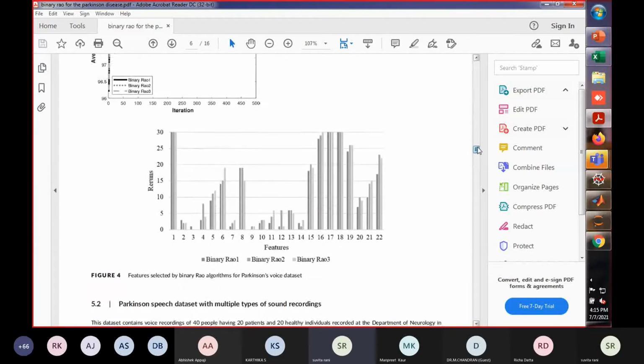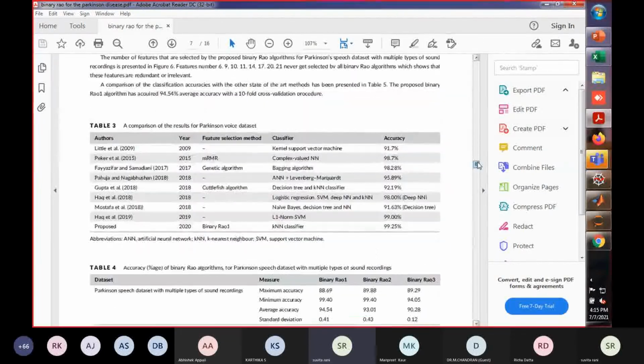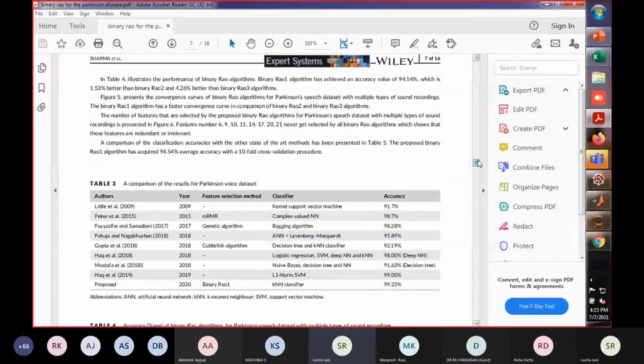And if we compare this result with the other algorithms, you can clearly see the impact of feature selection and parameter optimization. There are several algorithms already present on those data sets, such as a deep neural network and decision tree, which are way more complex than the KNN classifier, SVM, kernel SVM, KNN, ANN plus other algorithms, and the bagging algorithm.